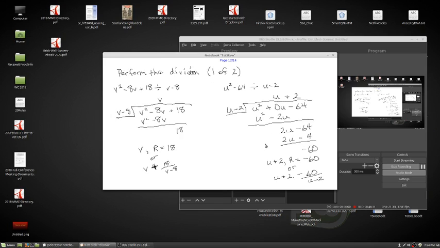All right, then also we have two division problems that work like integer divisions, like long division with integer numbers, and you can have a remainder. So we want to take v squared minus 8v plus 18 and divide it by v minus 8.